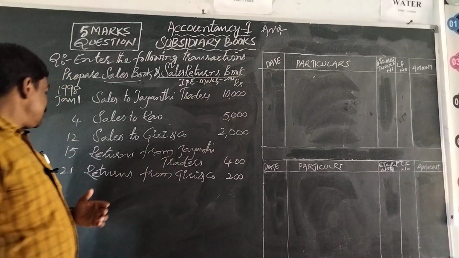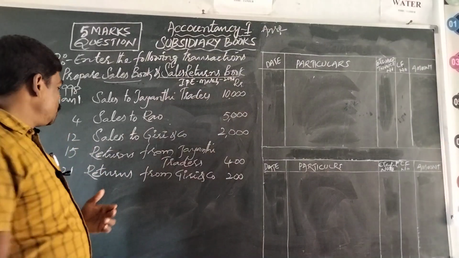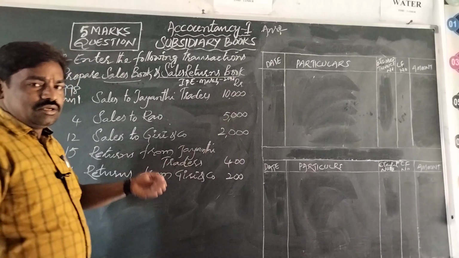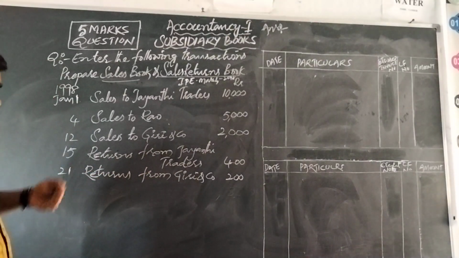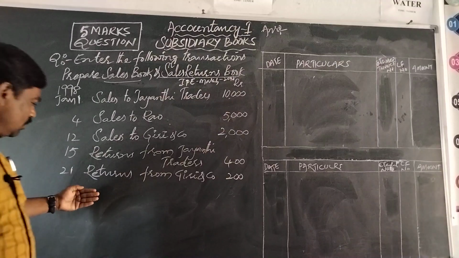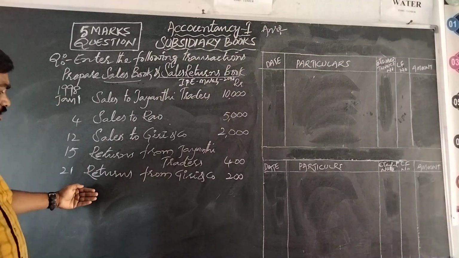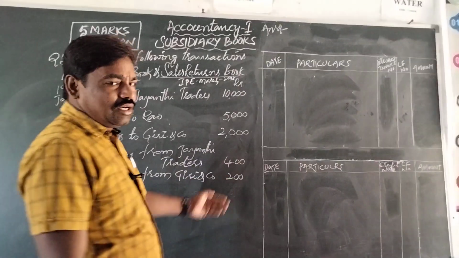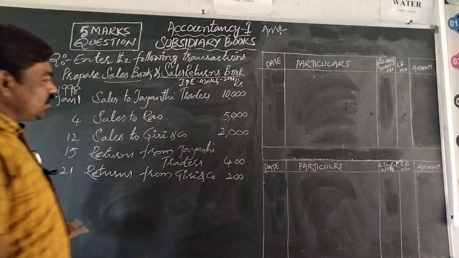On January 12th we sold goods to Giri and Company, and that company has returned some of the goods to us. On 21st January, these goods are called sales returns. So returns from Giri and Company can be entered in the sales returns book. So these are the transactions.